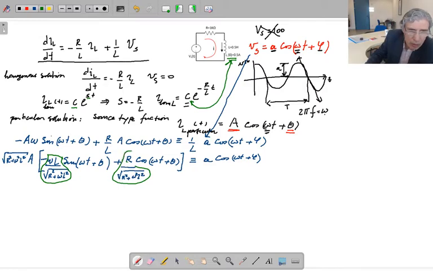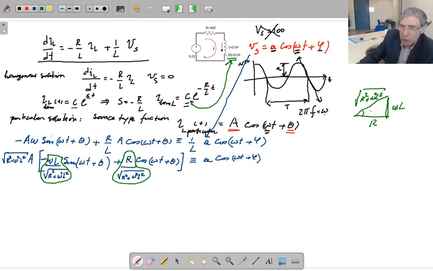If I draw now a triangle here, with sides omega L and R, this hypotenuse becomes the square root of R squared plus omega squared L squared.